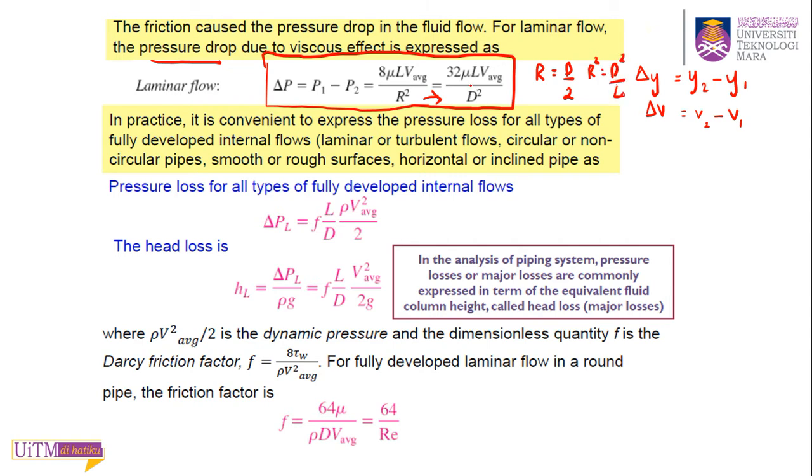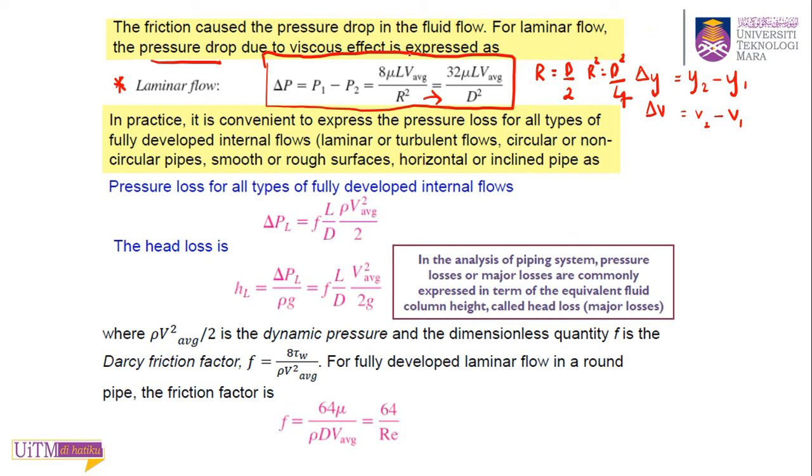That's why you have 32 mu times L times velocity over diameter squared. This is used only for laminar flow. Don't forget, it's only for laminar flow. You don't need to know how we derive this equation; that's beyond our scope. We can just use this equation.